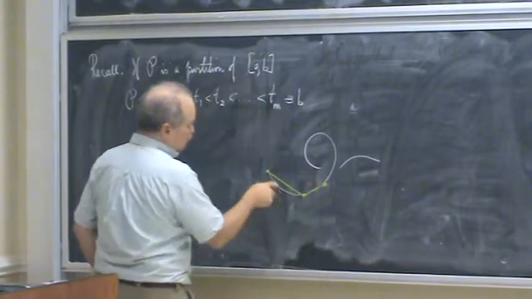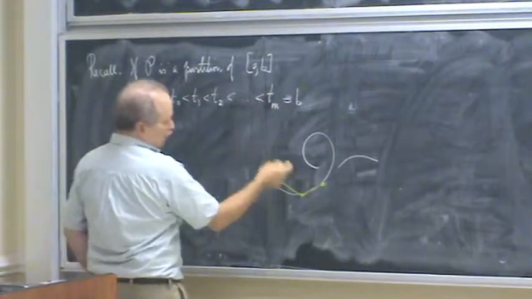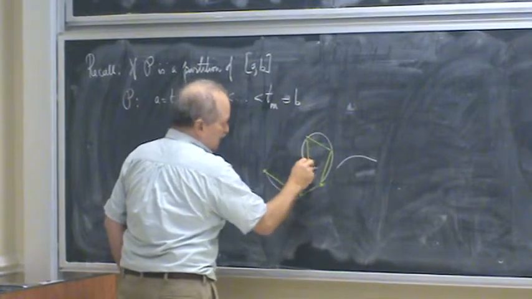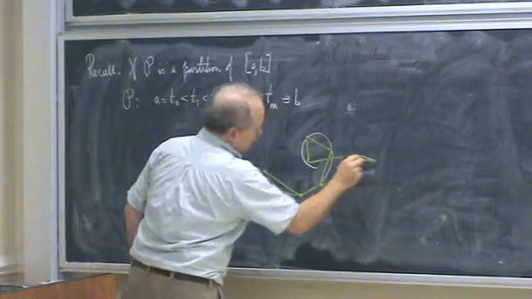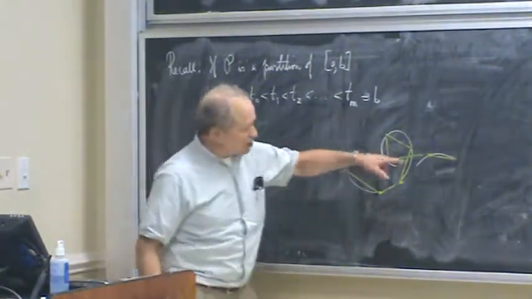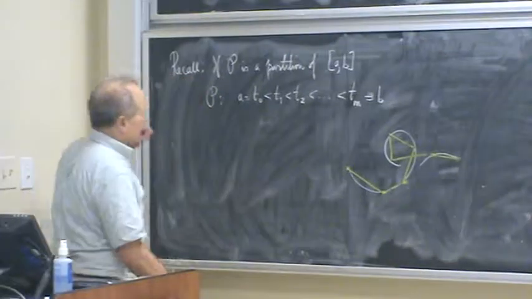So at each time t here, you look and see where you are on the curve. You then take the straight line paths and you use that sum of length as an approximation to the length of the curve.